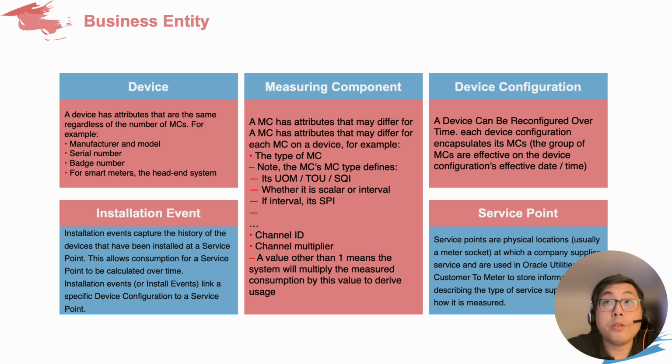The old installation event might be removed, and the new installation event will be installed. So you end up with two installation events during this period. The usage rule would pick up both of these and look at different meters with different consumption between these two periods. And this is also one of the sources to capture device events.